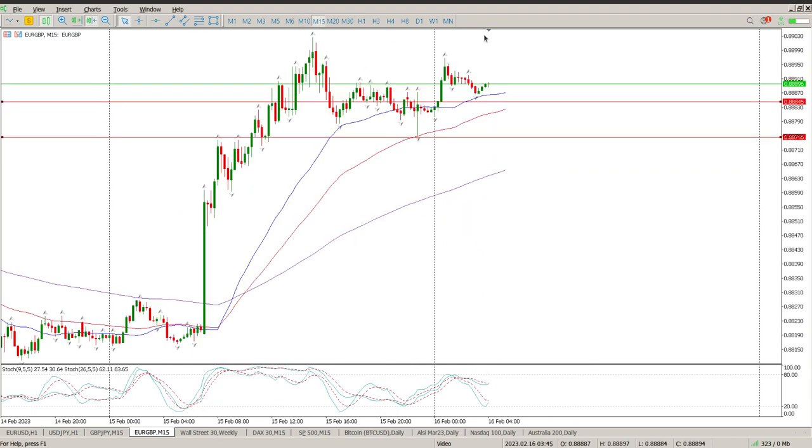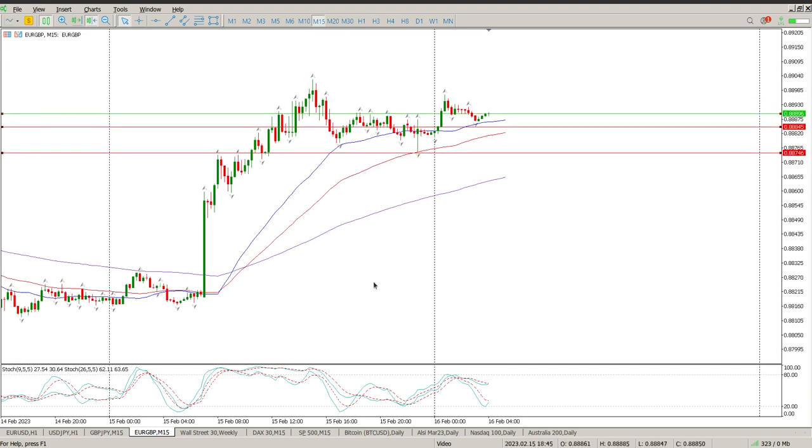Again, 15 minutes is probably your wisest decision. And pay attention to this little area where price is right now. You want to see a move up, a pullback onto that, and then a continuation up. Looking at the oscillators, that is the preferred move. Of all the forex pairs, this is probably the one to pay attention to.